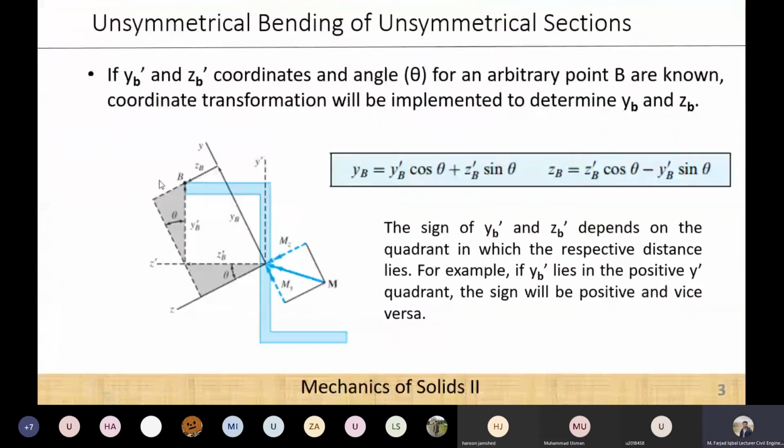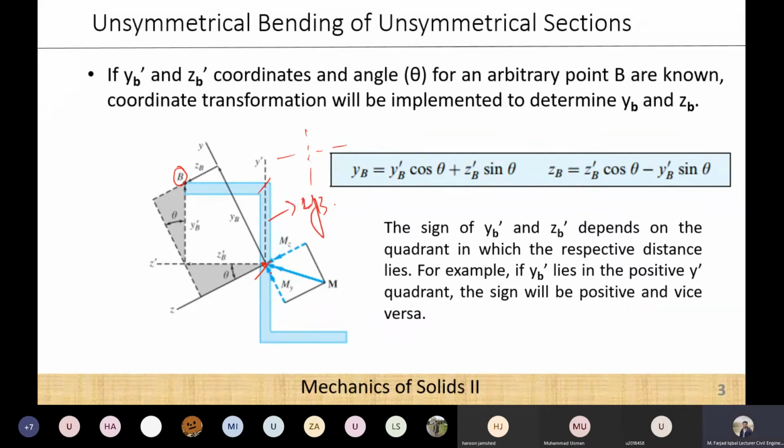Okay, I will explain from this figure. For example, suppose I have to compute the stress at this point B. In the case of a symmetrical section, my principal axes are straight, so I directly take the distance from this point to point B, and this distance will be ZB, and this distance will be YB.